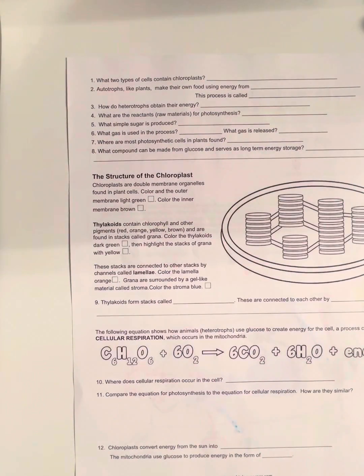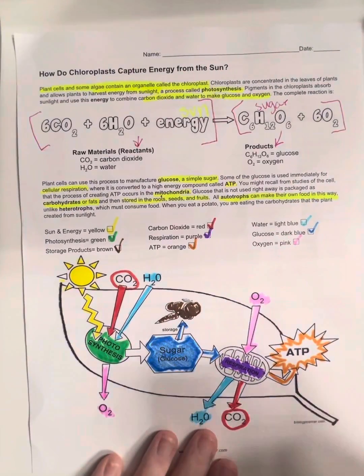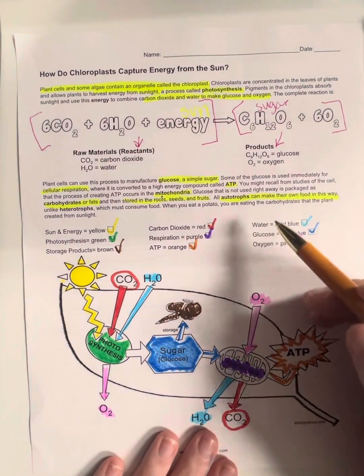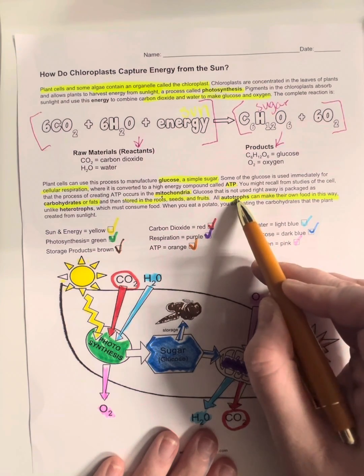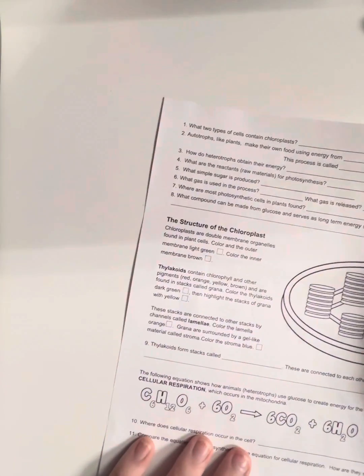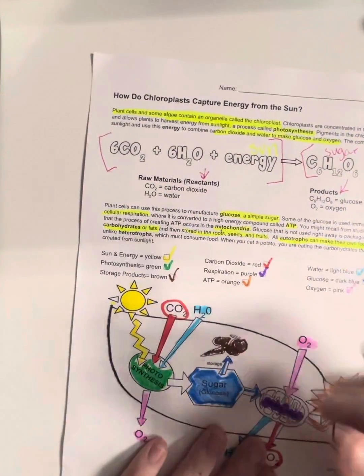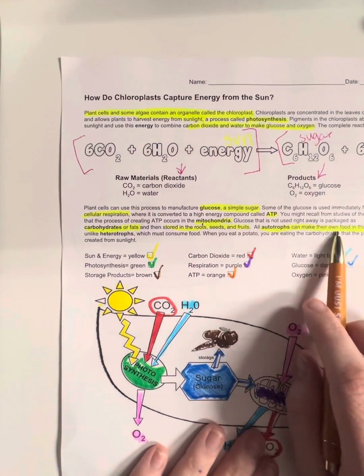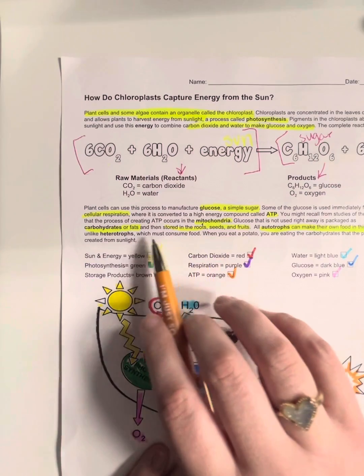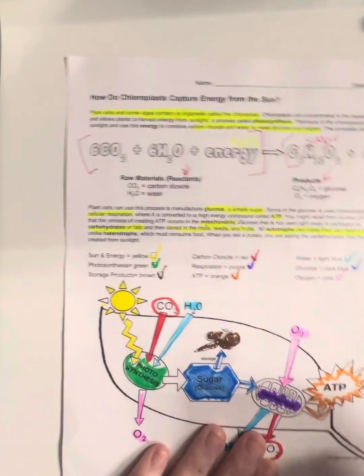Number 2, autotrophs, which means self-feeder, like plants, make their own food using energy from, let's look where we found the word autotroph. The word autotroph is right here. So autotrophs make their own food using energy from, make their own food from glucose.